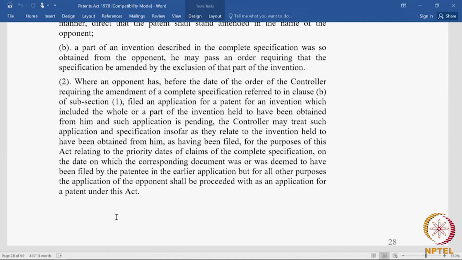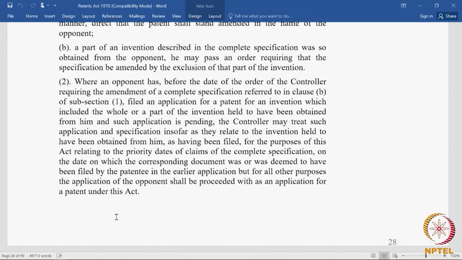Now, this talks about a situation where the opponent has, before the date of the order of the controller requiring amendment of the complete specification under subsection 1b, filed an application. We said that if part of the invention is covered, the controller will ask the patentee to amend. So, first, what if the opponent does not have an application?